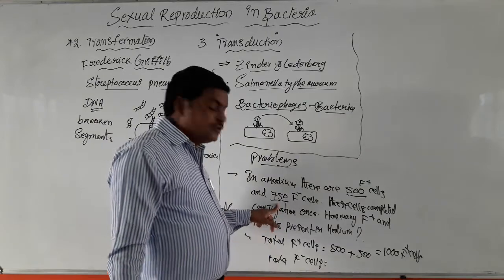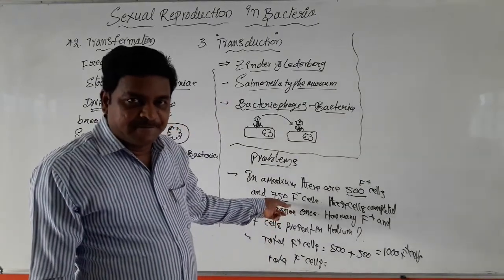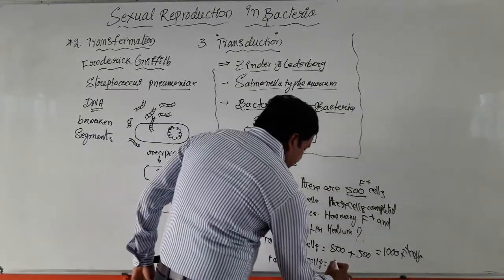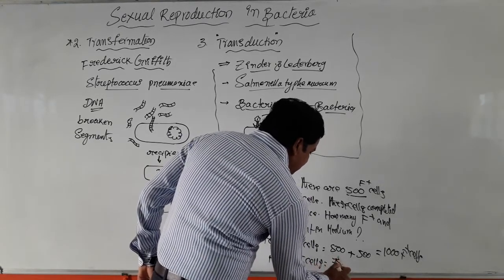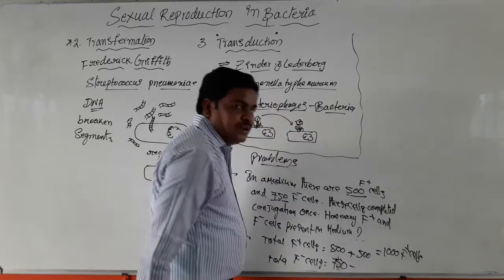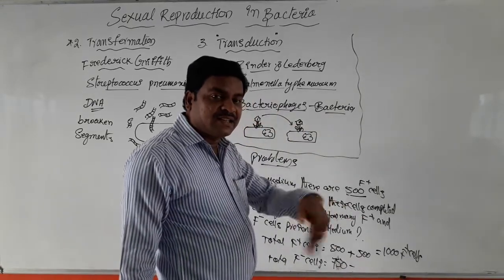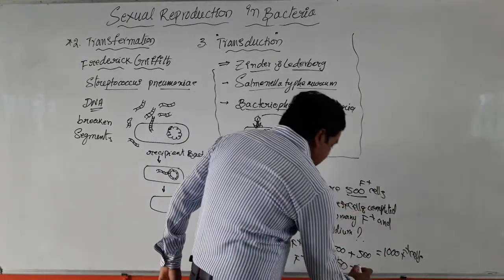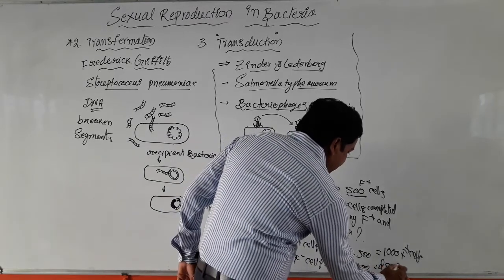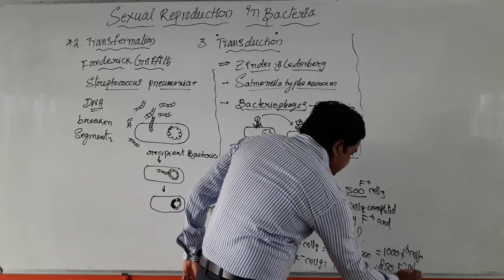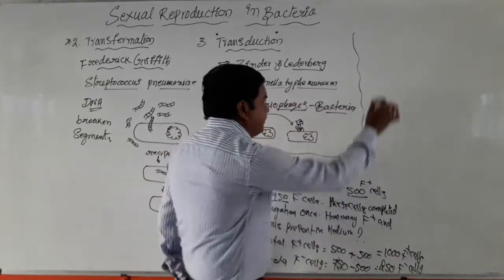Only 250 minus cells are there. Initially minus cells are 750, but 500 minus cells are converted into plus cells. 750 minus 500 is equal to 250 F minus cells. They are present in the medium.